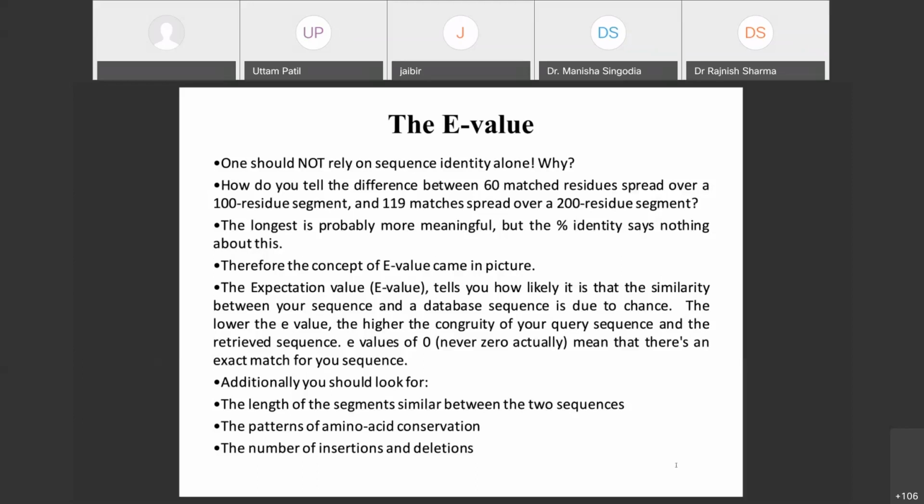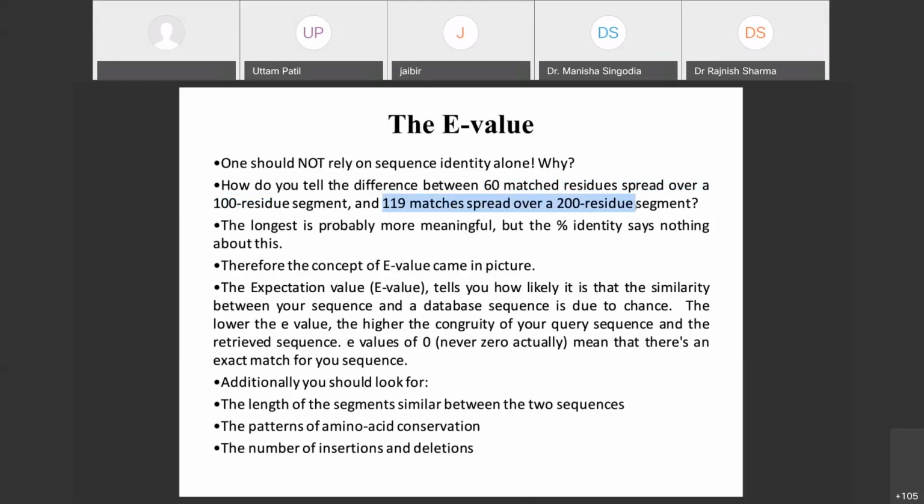If you have two sequences, one with 100 residues, where 60 residues are identical in the two sequences, and then another set of two sequences with 200 residues where there are 119 matches. So 60 residues in 100, or 119 matches over 200 residues.